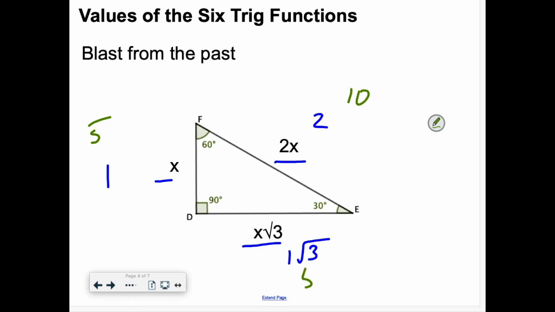So this would be 5 radical 3. And no matter what you end up choosing for x, you can follow the same pattern. And we're going to use this again to find some other measures of specific degree angles. And because this gives us radicals, we're able to then use it to get exact values.